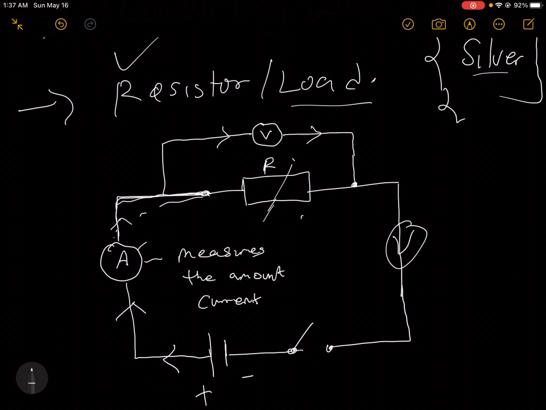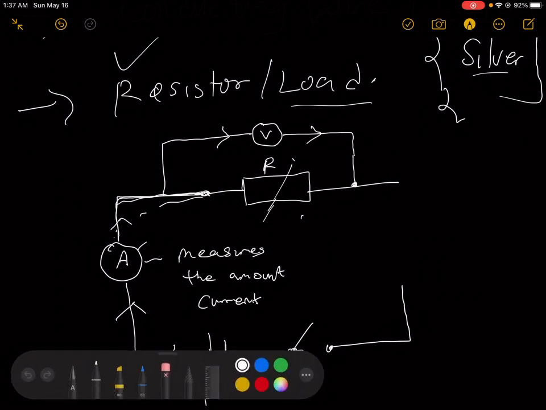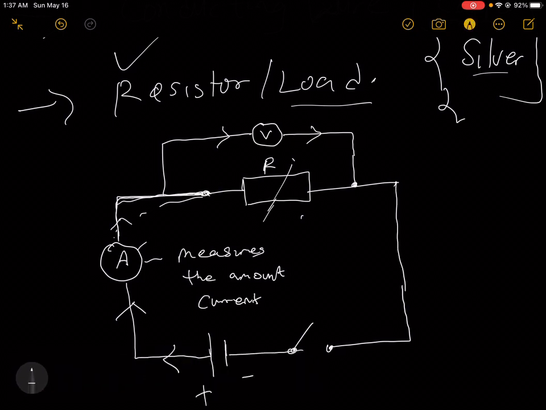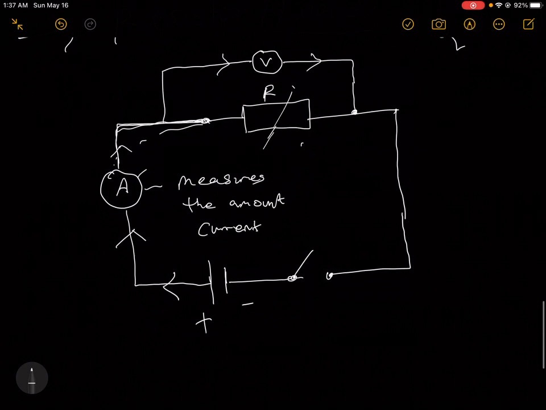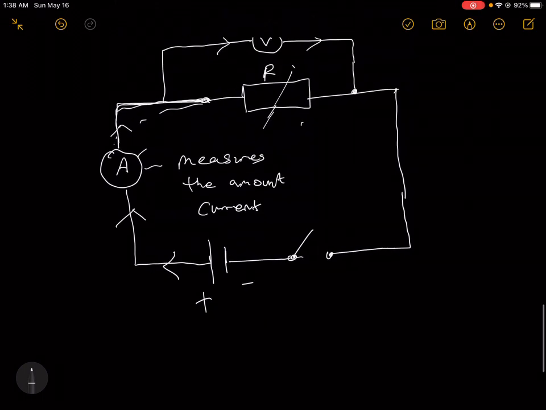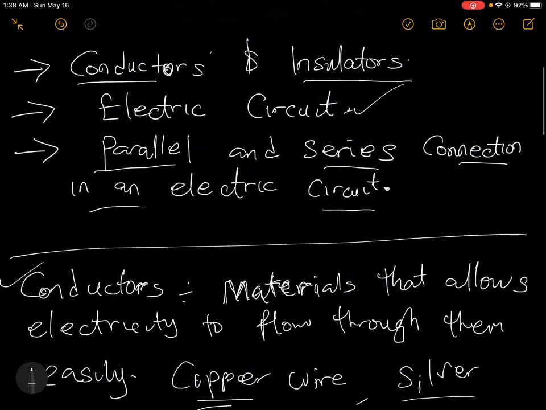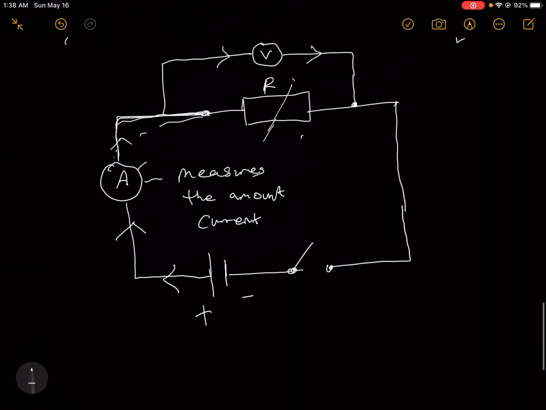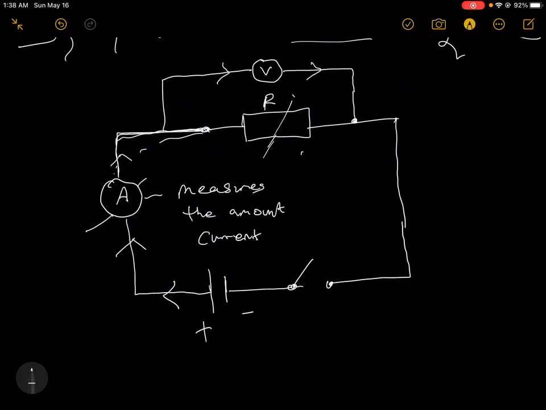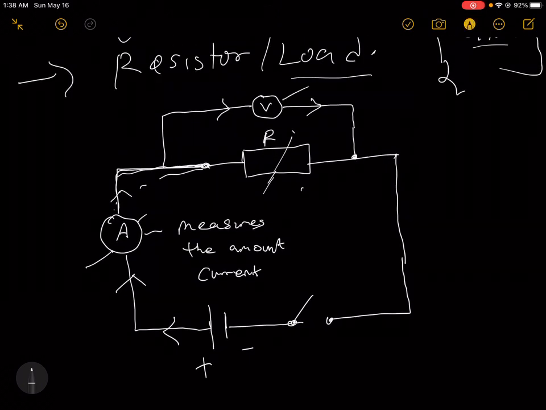There's a reason for that, which I'm going to explain soon. So this is a simple circuit. Doesn't look much simpler than this. So now my third outline for this video is parallel and series connection. That is going to explain why we connect our ammeter this way and our voltmeter this way.